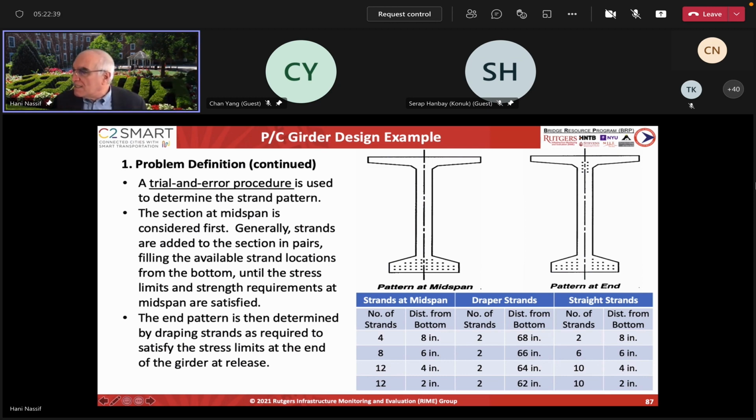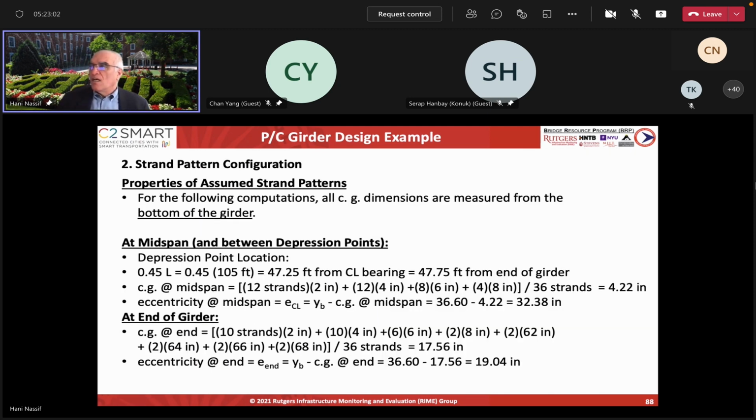Then the pre-stressing steel has a center somewhere at the CG of the shape. That means the moment due to the eccentricity of the pre-stressing is going to be diminished there, and you don't need to resist that moment, right? So this is the main objective of deviating the tendons and harping them. So the configuration, once you have that, you are putting the depression points at 0.4 or 0.45 L.